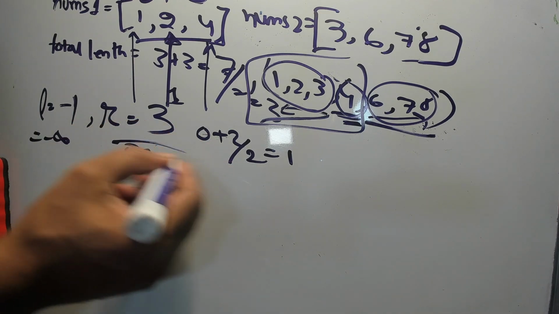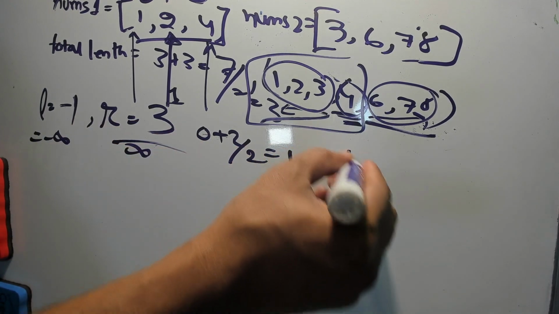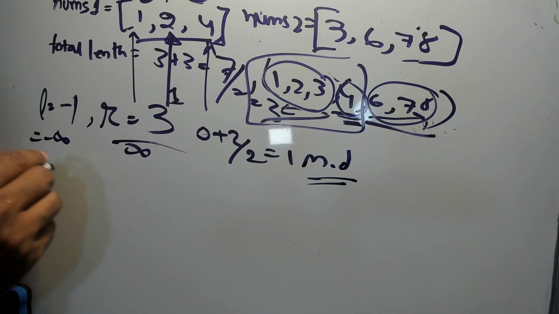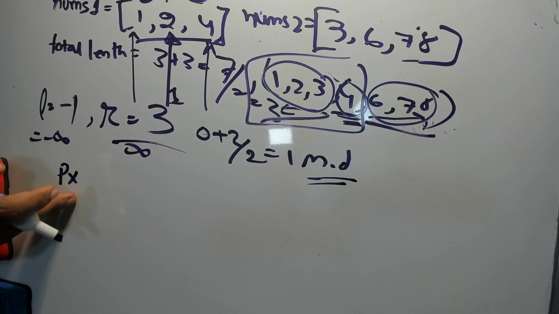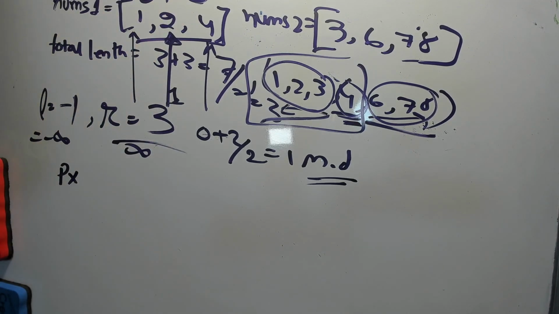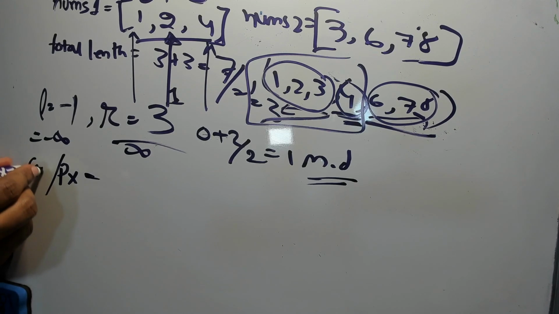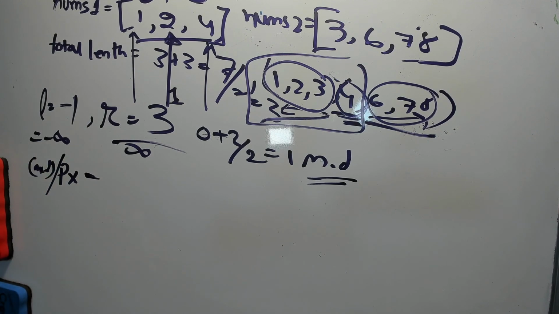So whatever our mid is, consider it as px, or partition x, the number of items we are picking from the nums1 array. For simplicity, so that in future we are going to use this value with py, it will be easy to name the variables.